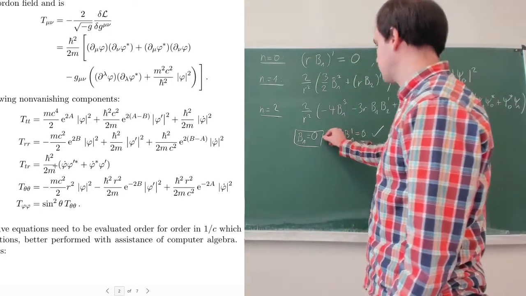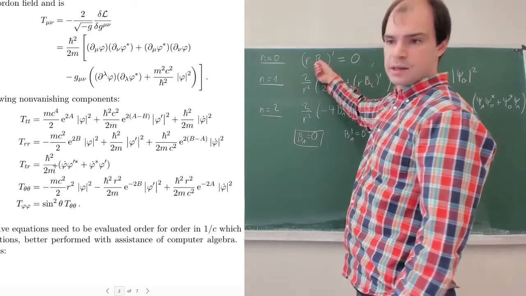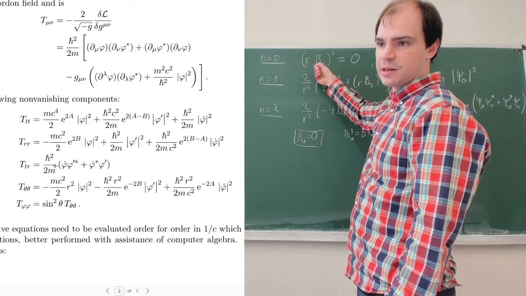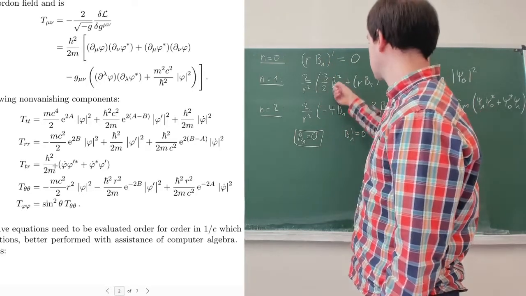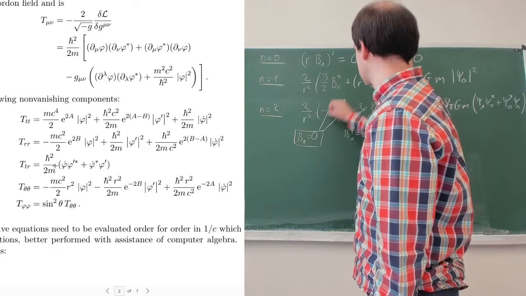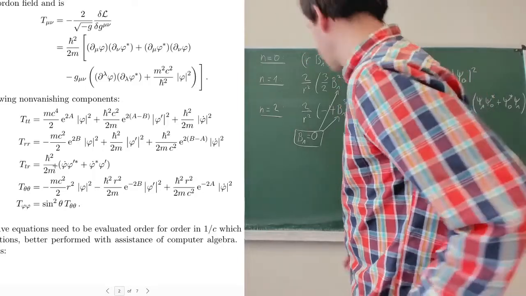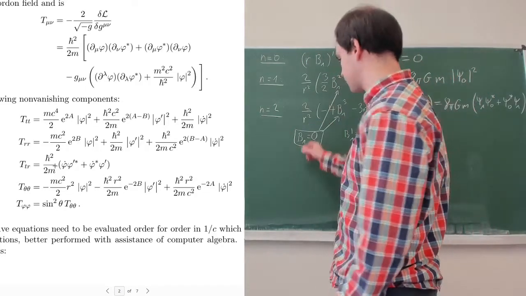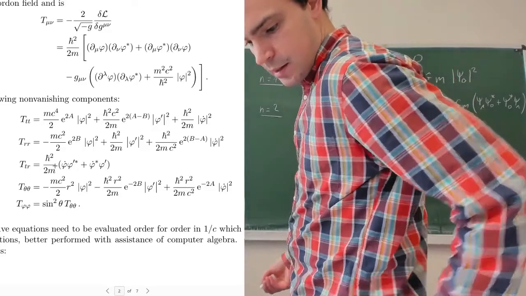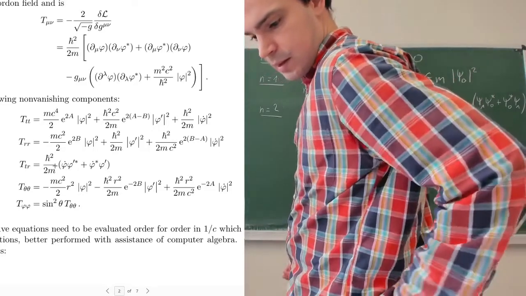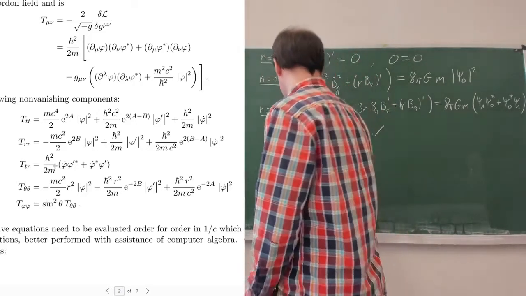And with this B1 equals 0, we also trivially satisfy the equations at order n equals 0, and we can insert this here and here to simplify those equations. So what we end up with now, after having this order n equals 2, are the following two equations.